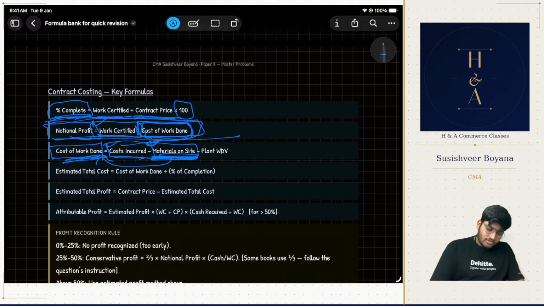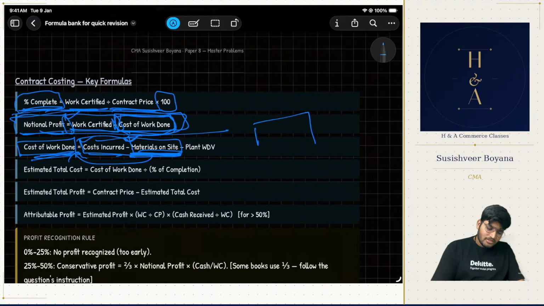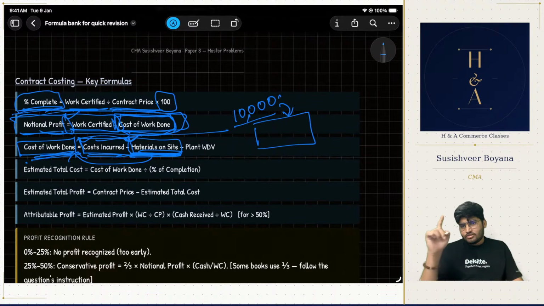For example, there is a site and your site manager requested 10,000 units to be sent. After receiving 10,000, in your books what are you going to do? Okay, 10,000 units are sent to the costing site, so I'm going to write down 10,000 into its rate and apply the value.